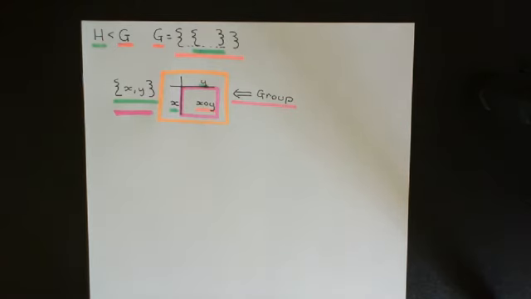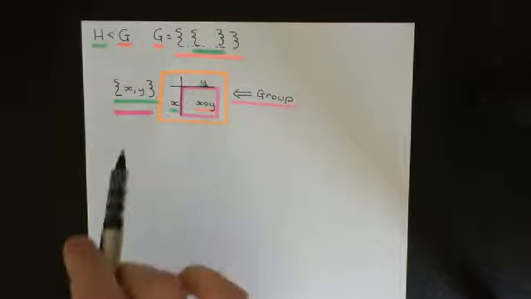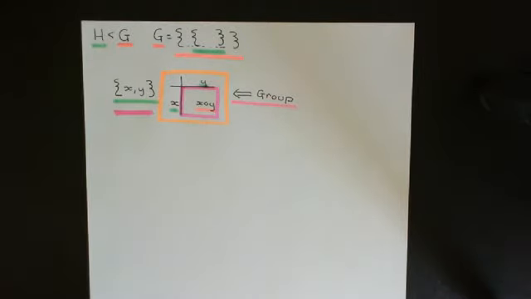So axiom number 3 just says that we need the identity element from capital G to be in capital H.